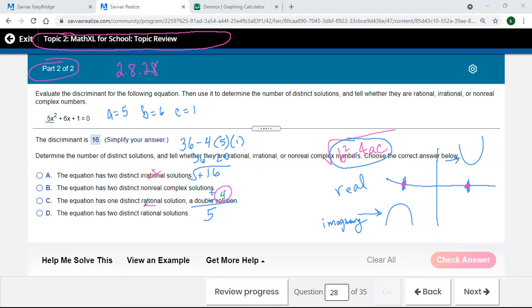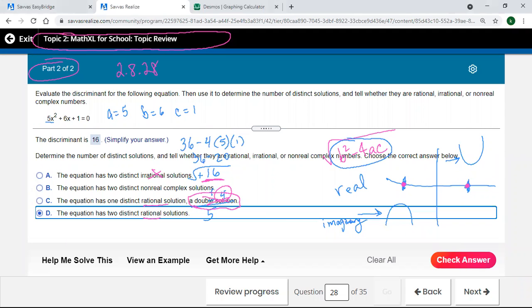It's going to be rational. And if it's a 0, it's going to be a double solution. Like when you get this is a 0, that's the double solution. So we just have 2 distinct rational solutions because we have the plus number and the minus number. And that should do it.